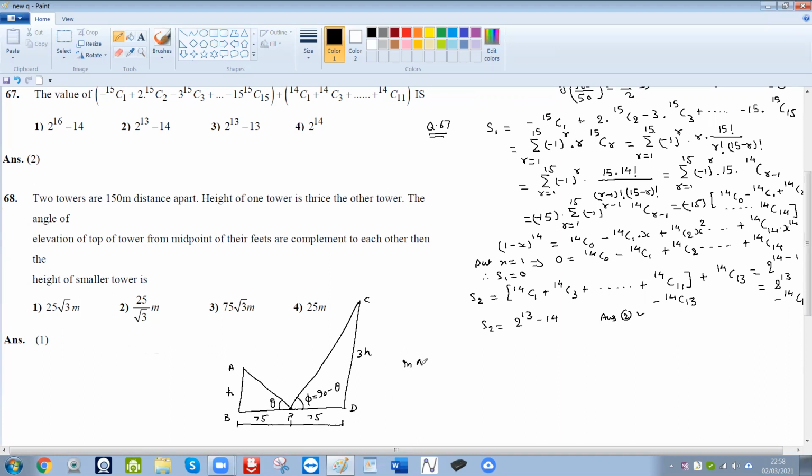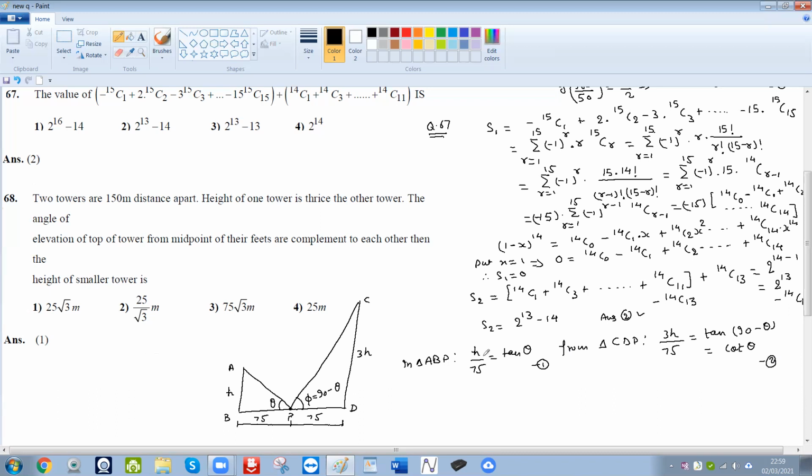From triangle ABP, I'll get h upon 75 is tan theta, and from triangle CDE I get 3h upon 75 as tan phi, which becomes tan of 90 minus theta, which is nothing but cot theta.